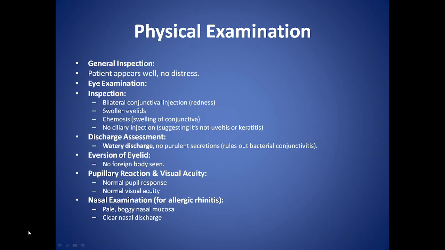Then we can start with general inspection, which in this case the patient appears well and doesn't have any distress. Then we go to the inspection part. We can say like bilateral conjunctival injection, and eyelids are swollen.